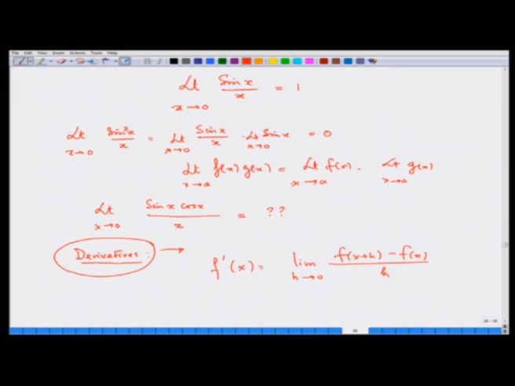Now, in this definition, h going to 0 means h is going to 0 from the right and h is going to 0 from the left, both ways. This notion of the derivative of a function is also central to all mathematics, and it is a very important notion that we are going to start studying in the next class.